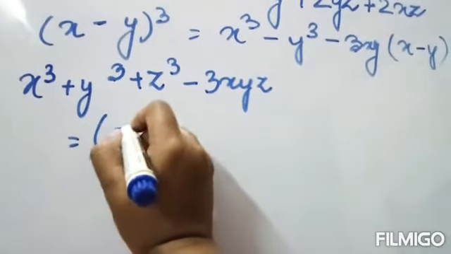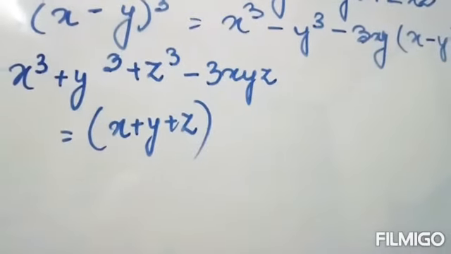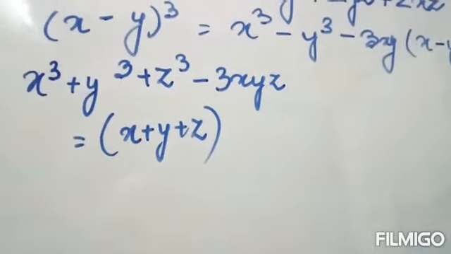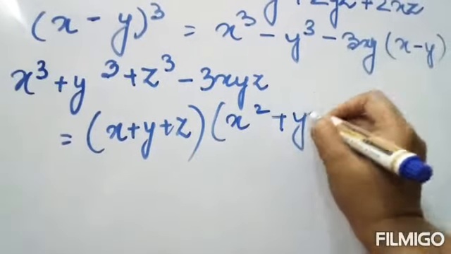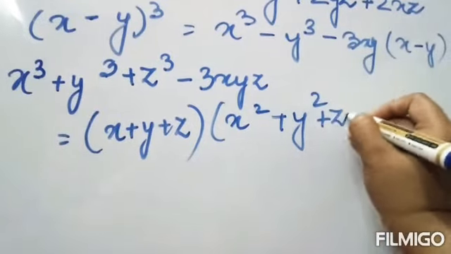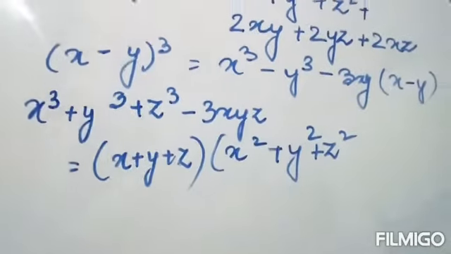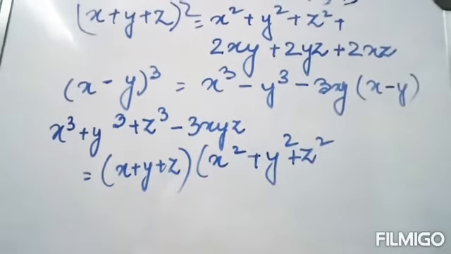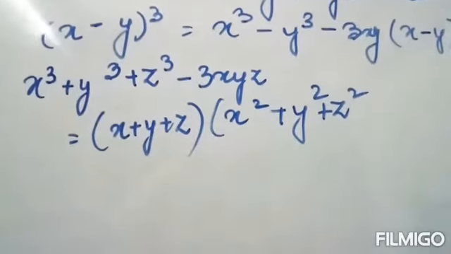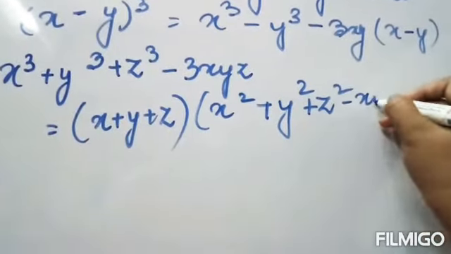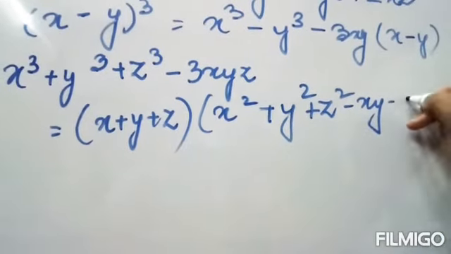It will be x plus y plus z into x square plus y square plus z square, and since we have minus 3xyz, the cross terms will be negative: minus xy minus yz.